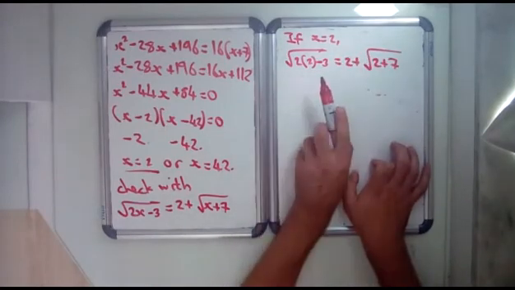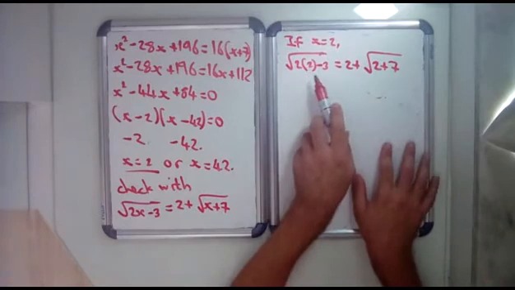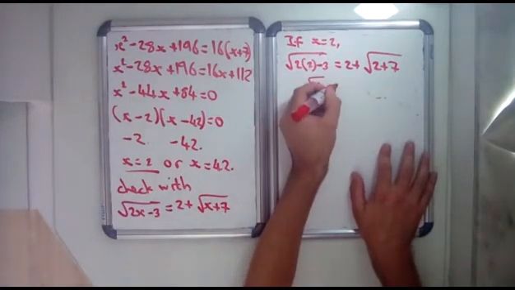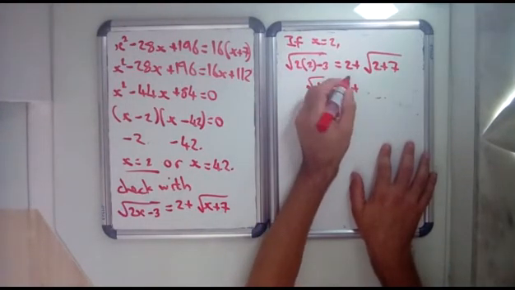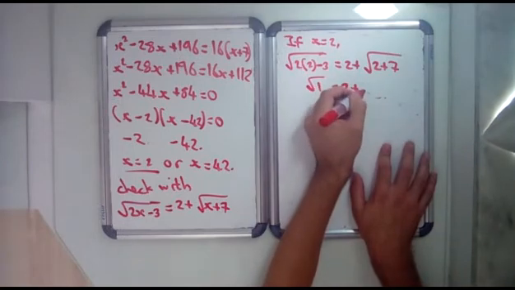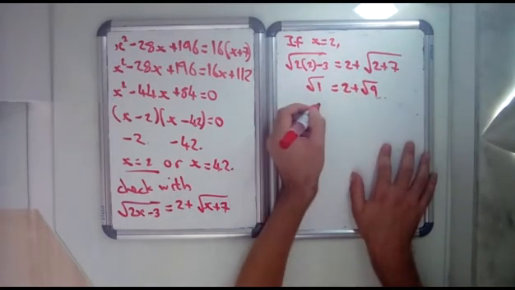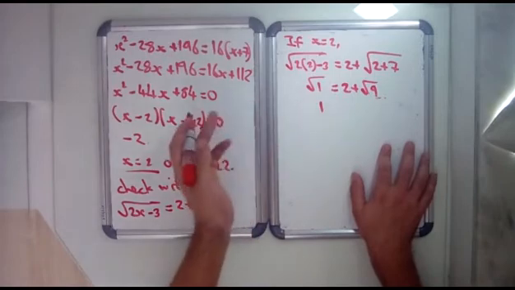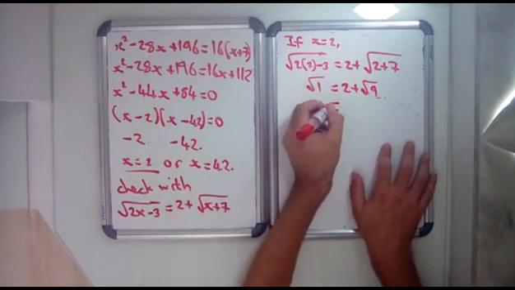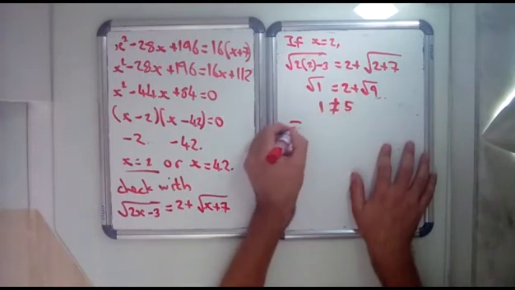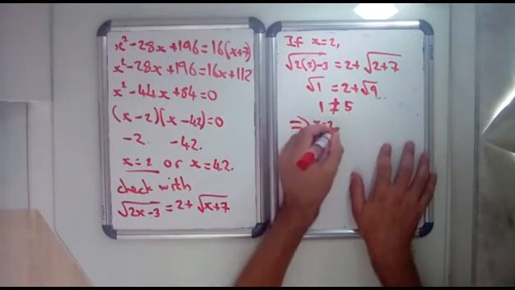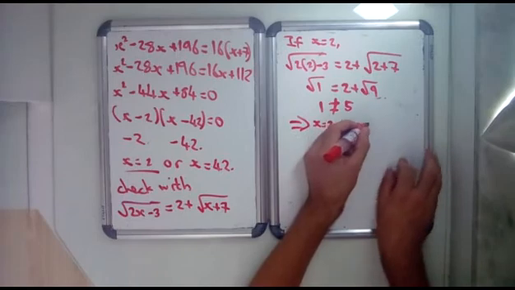So does 2 2s are 4, 4 minus 3 is 1. Does root 1 equal 2 plus root 9, which is 3? So basically 1, remember we're only using positive values, but 1 definitely does not equal 2 plus 3 is 5. So x equals 2 is not a solution.